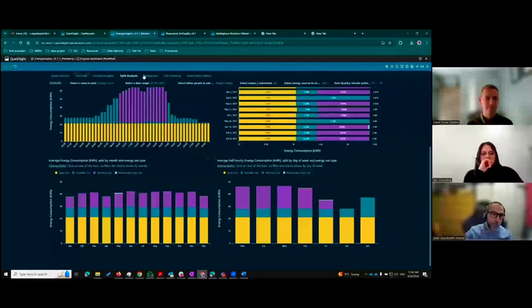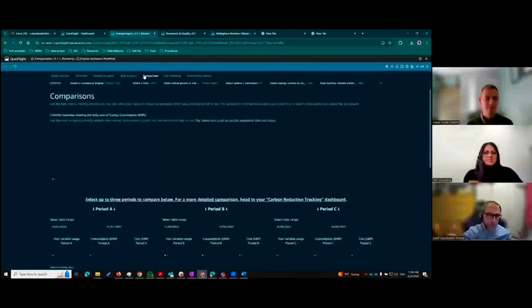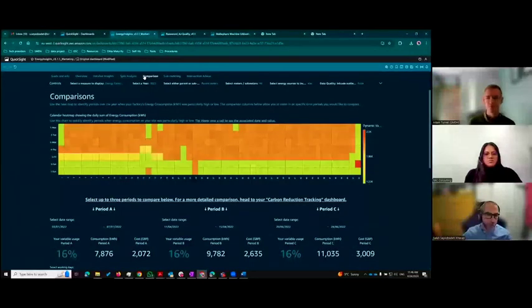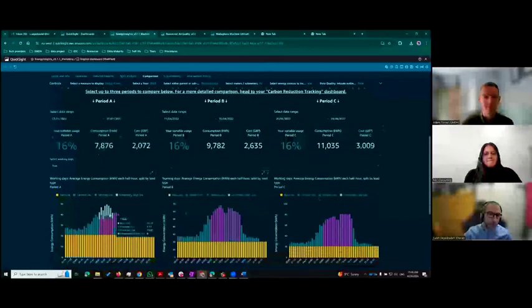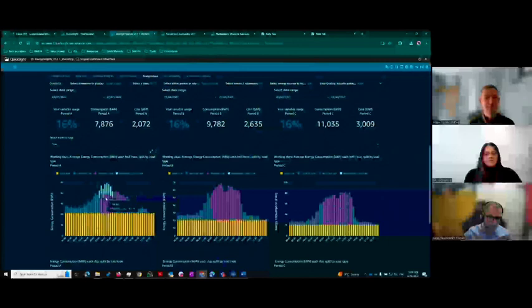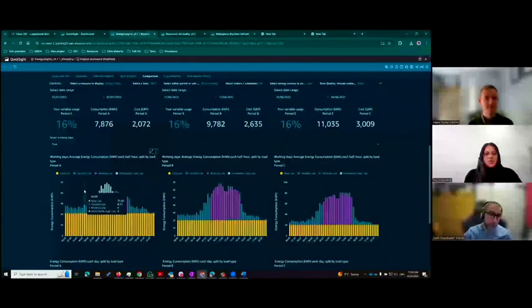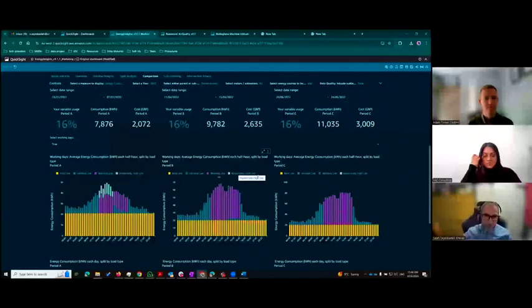We also have comparison. If we are doing some intervention to reduce the energy consumption, we can choose different periods of time and see, for example, that this example shows there was high energy usage, and just doing some interventions it is possible to reduce the energy cost, and later to keep an eye on whether it's happening in a different period of time.